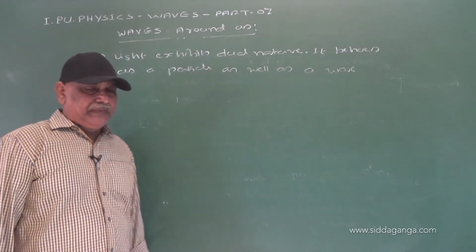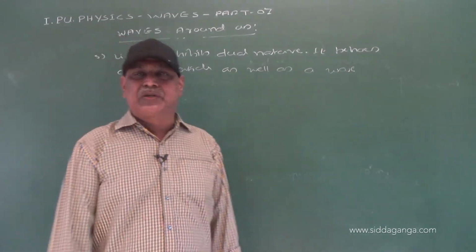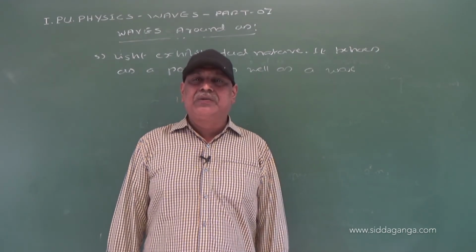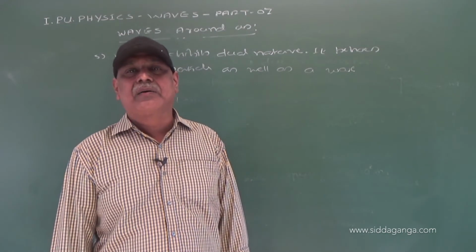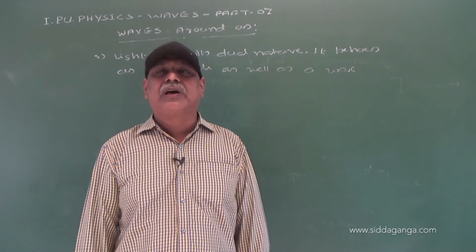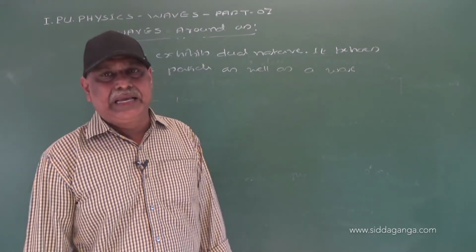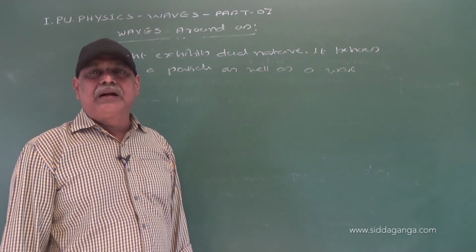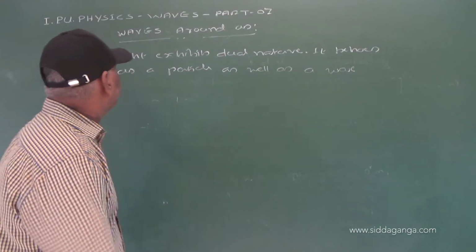Now when light is emitted from a source or absorbed by matter, it behaves as a particle called a quantum or photon. Photon is the name given by Einstein, and when propagating through a medium, light behaves as a wave.